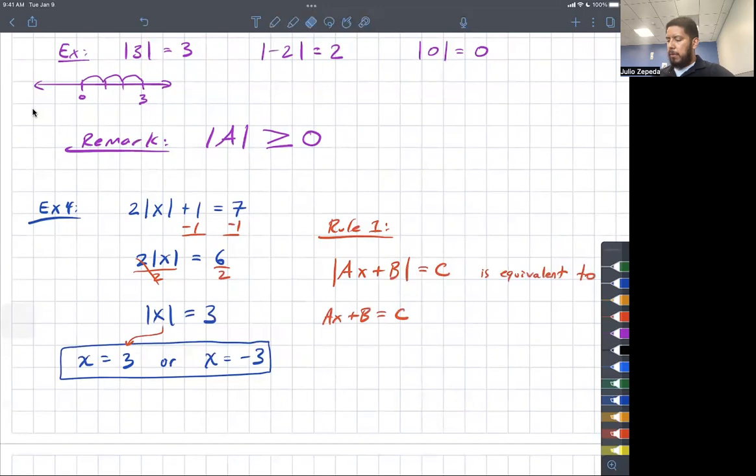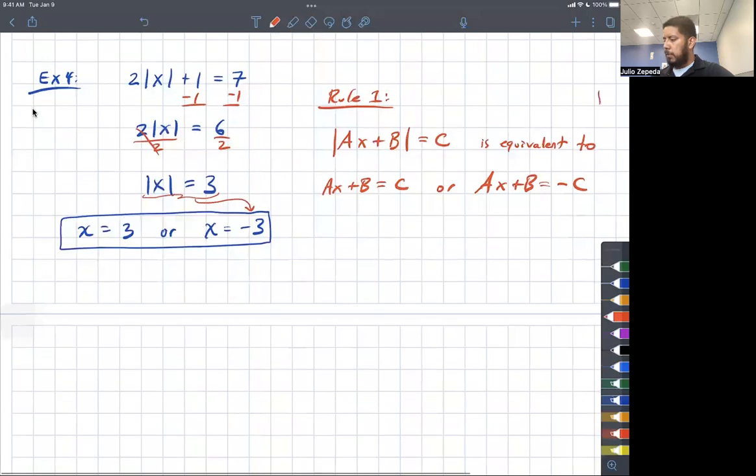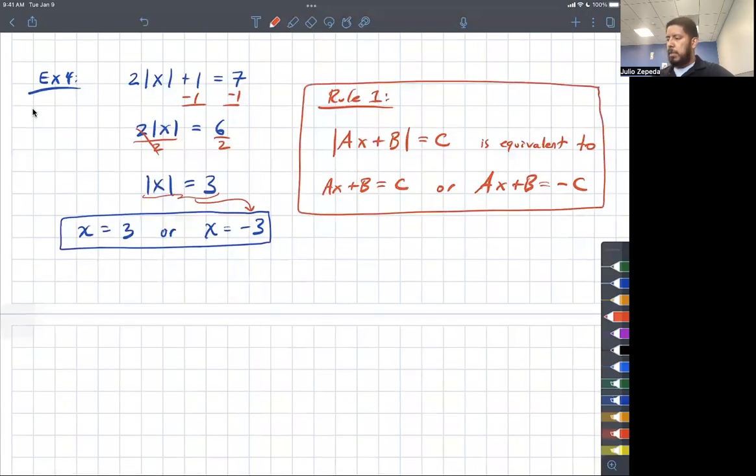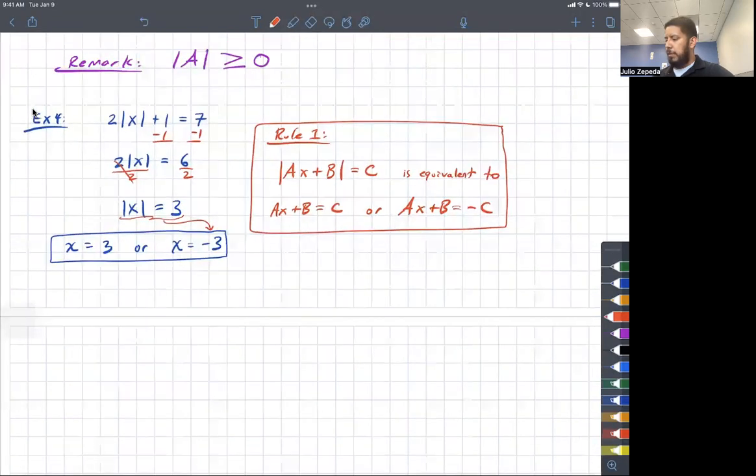And then the other equation that we can get solutions from is to take this equation, drop the absolute value, but then change the sign of the number that's on the other side. So, or, it is important that we have that or there, ax plus b is equal to negative c. So this is the rule that we can use when tackling equations involving absolute values.